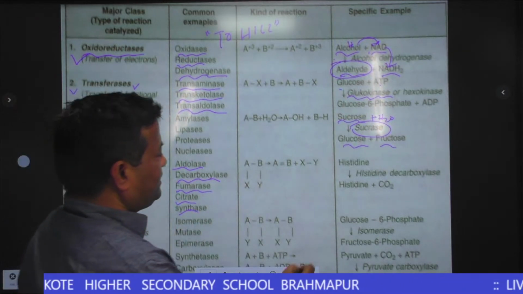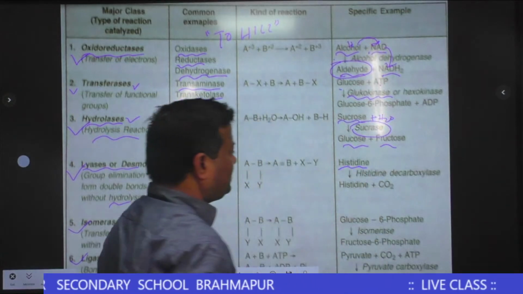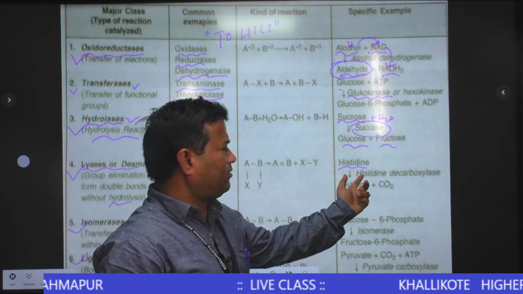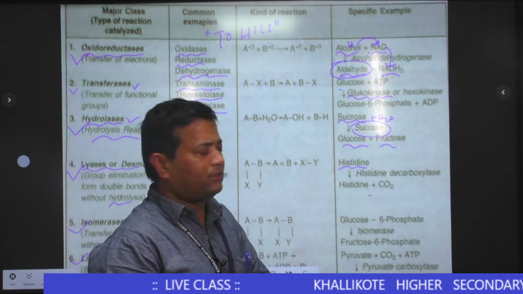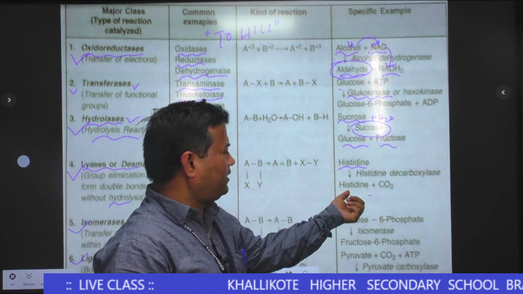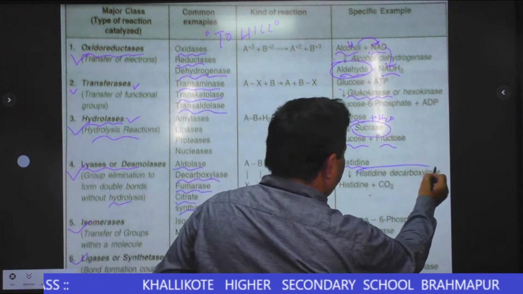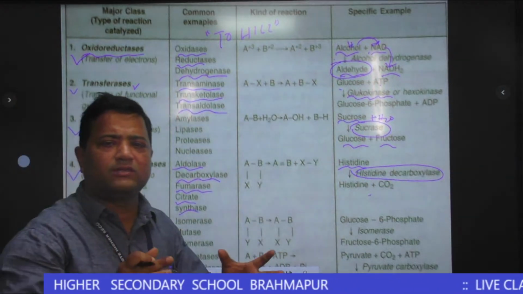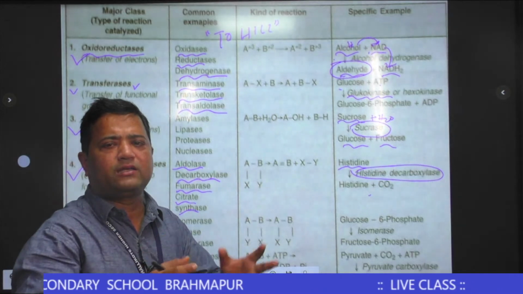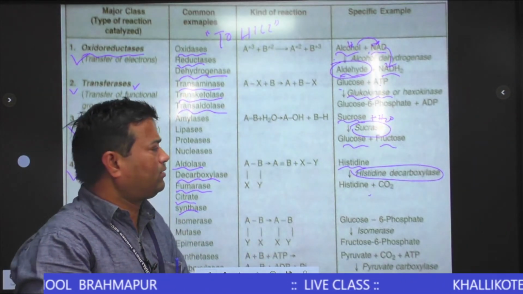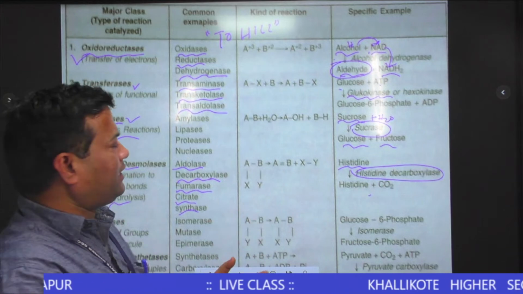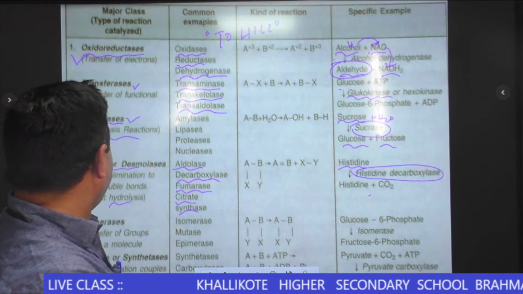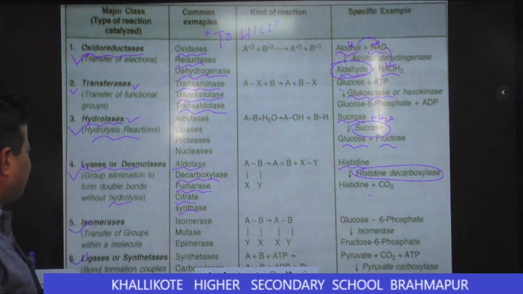Here histidine undergoes a decarboxylation reaction, meaning removal of carbon dioxide, in presence of the enzyme histidine decarboxylase, resulting in the formation of histamine. So histidine decarboxylase is one type of lyase enzyme, without hydrolysis, without addition of a water molecule, that releases carbon dioxide. That type of enzyme is called a lyase enzyme.